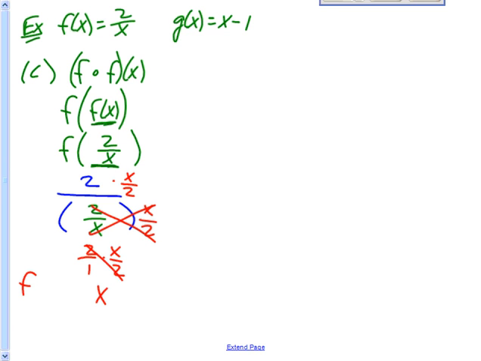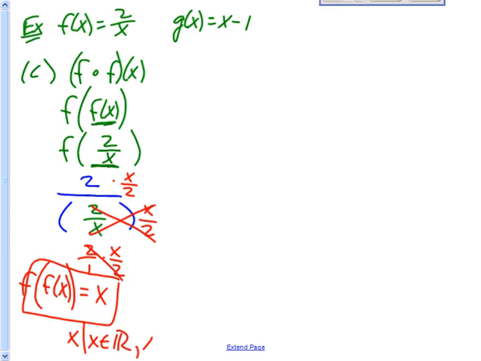So my f of f of x simplifies to be x, but we had that restriction. We know that the domain could not be 0, which we wouldn't have known if we hadn't looked right here when we did the composition. If you didn't think about the domain of f prior to simplifying this thing. Okay, so that's our domain. Okay, let's do one last one here.